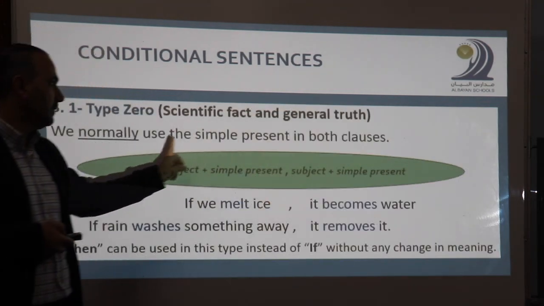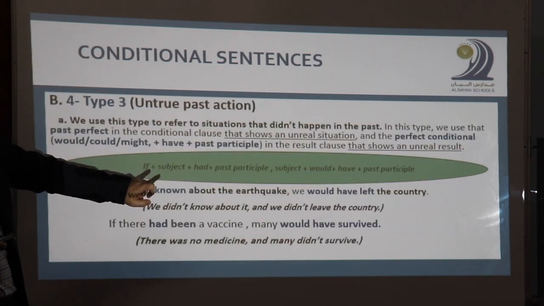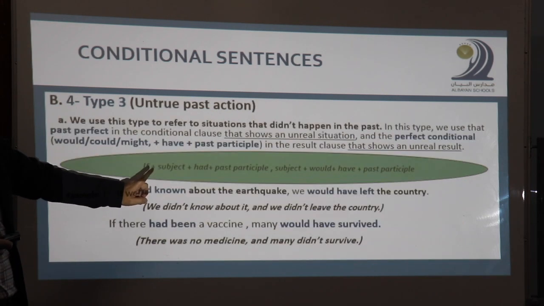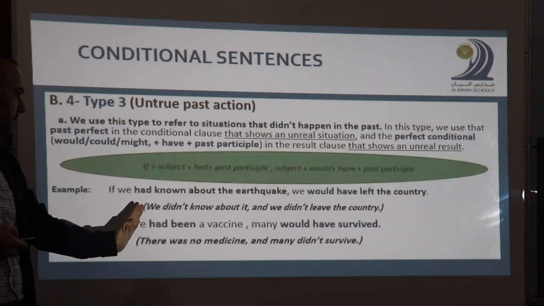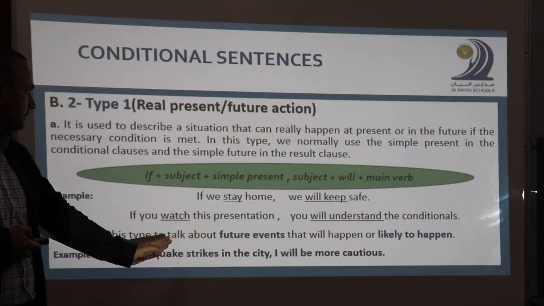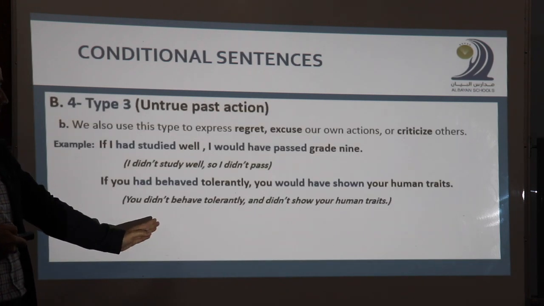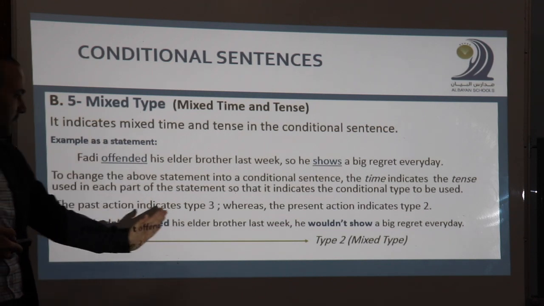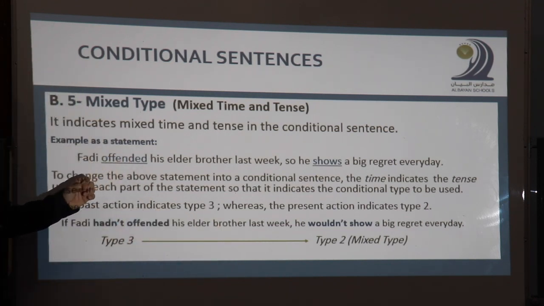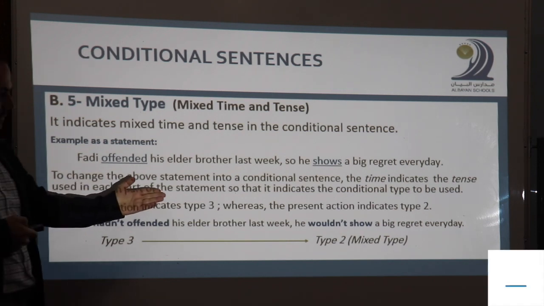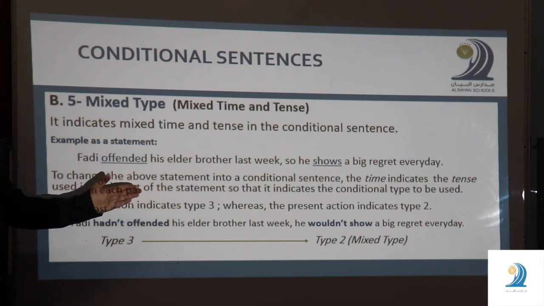The conditional part, the first part of this statement, is what? As we said here, of course, the mixed type. The conditional part indicates the action that didn't take place in the past. So type 3. Yani unreal past action.